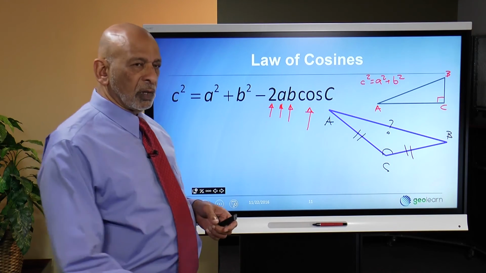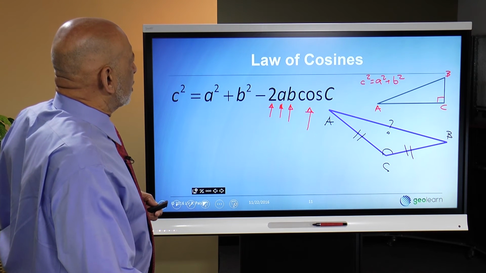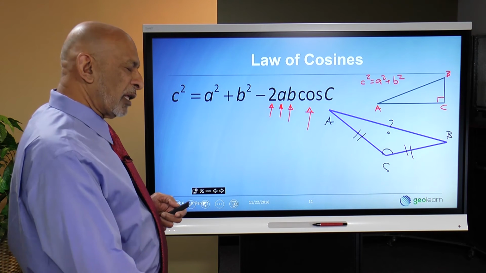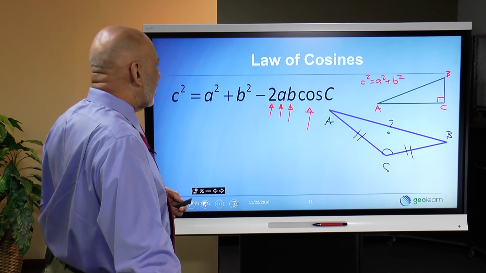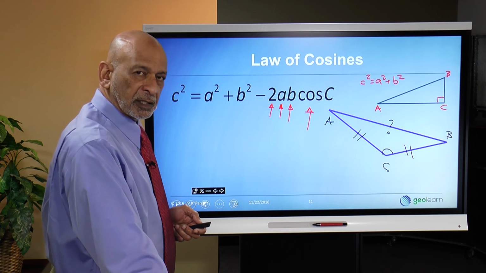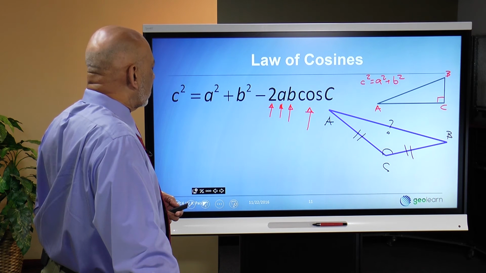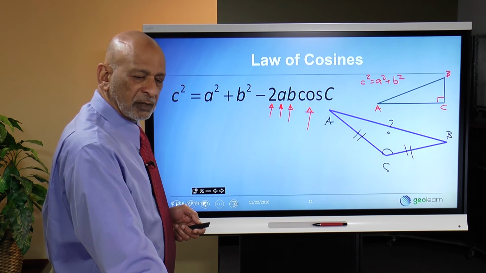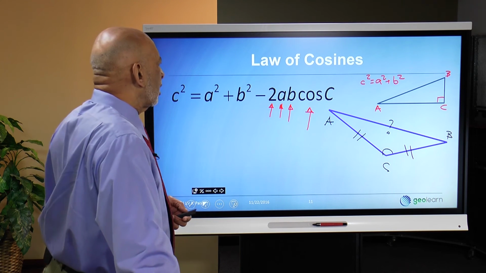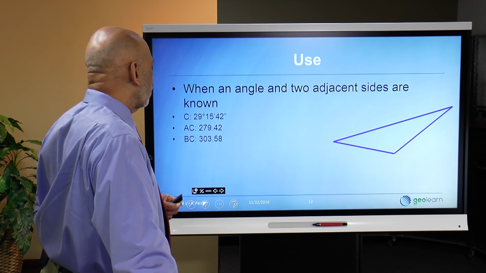That is a very complicated set of operations to do on your calculator, so if you are not familiar with this law, it's really easy to make a lot of mistakes. But once you get organized and methodical, it's a real handy thing to have.